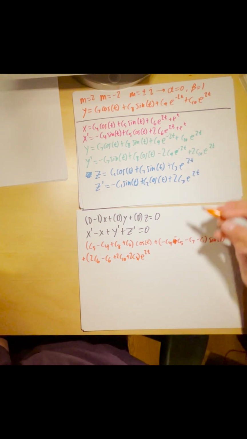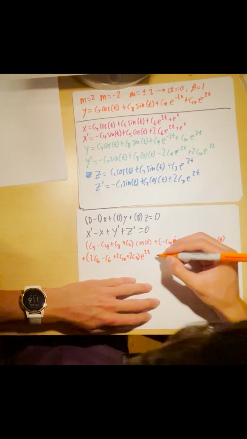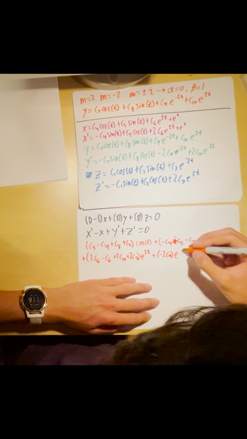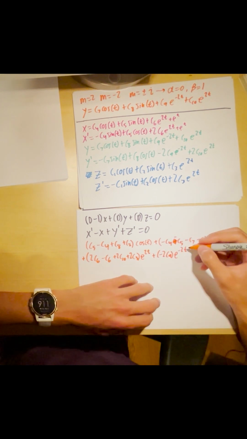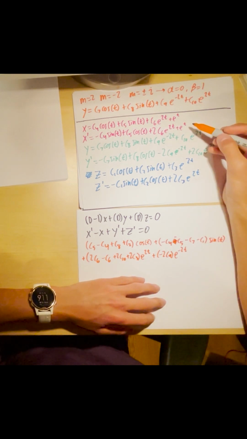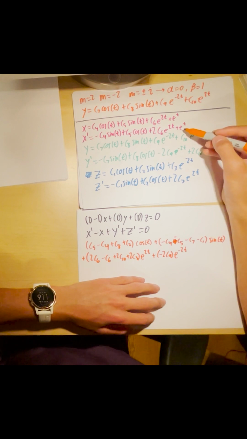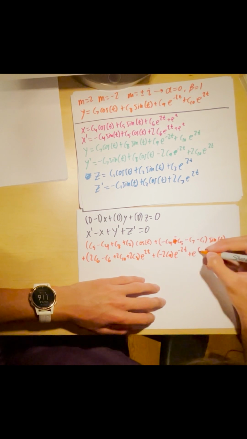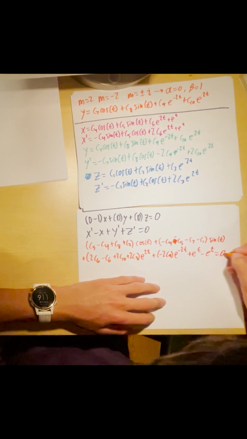It's the only one with that coefficient, so I'm going to write plus negative 2c9 e to the negative 2t. And then the last ones are the e to the t terms. So we have an x prime e to the t minus x, which is also going to be e to the t. So e to the t minus e to the t, and it equals 0.